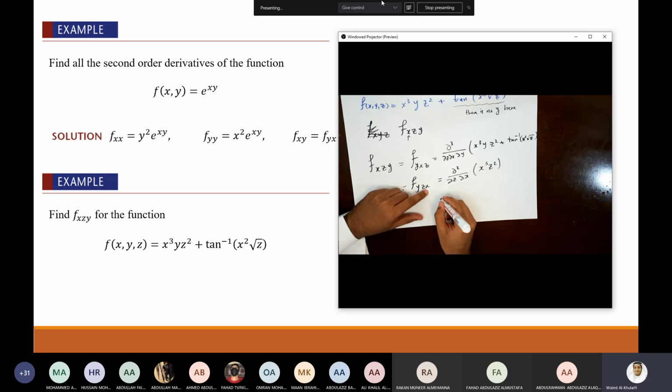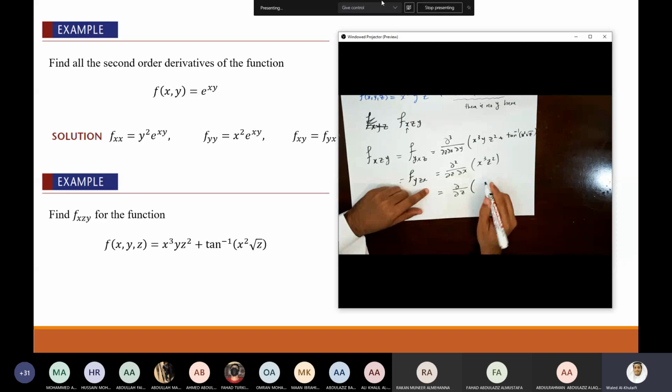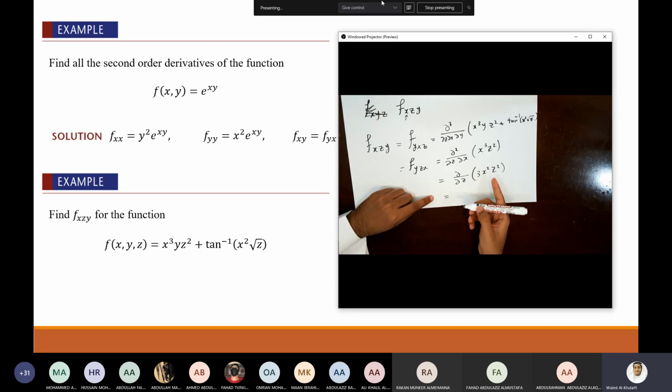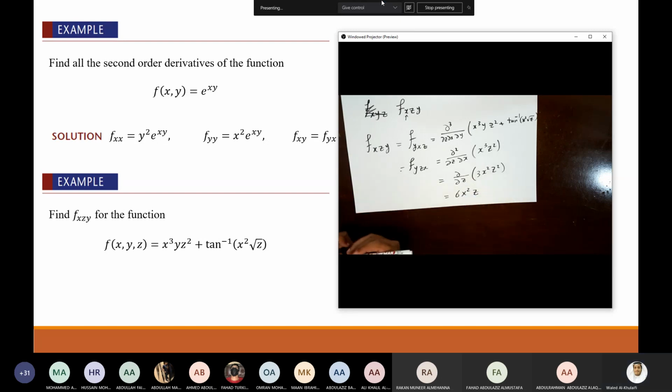And this is equal to partial by partial, next one is z. Sorry, is x. So the derivative with respect to x, ايش يعطينا يا شباب؟ 3x square z square. بعدها يا شباب derivative with respect to z ايش يعطينا؟ 6 x square z. Okay, شباب. So that's it for now.